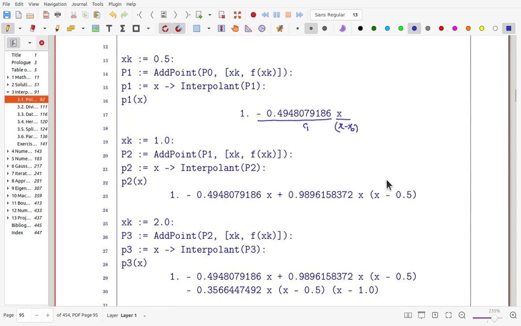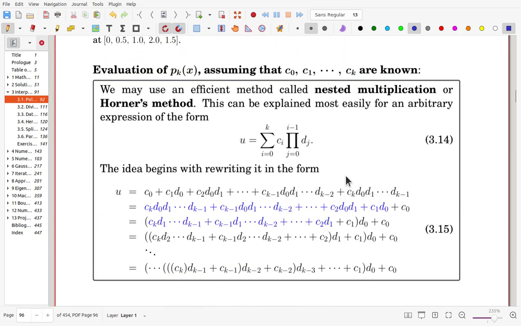Now here we'll consider how to evaluate by using nested multiplication, or sometimes it's called Horner's method. We can evaluate the function value quite easily. This is now the compact form of the Newton form of the interpolating polynomial. Of course, there dj is the same as x minus xj. Once x is given, then it can be written in this form.